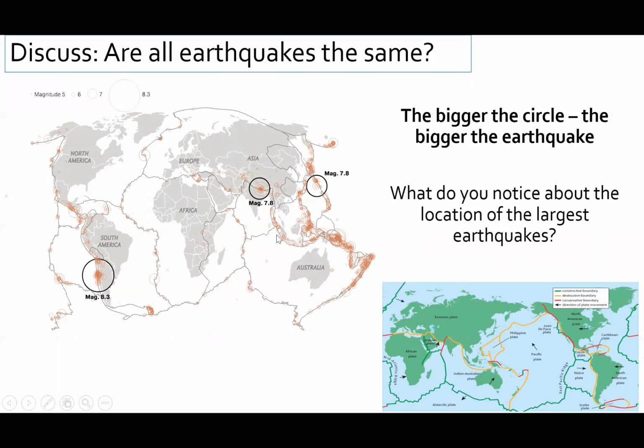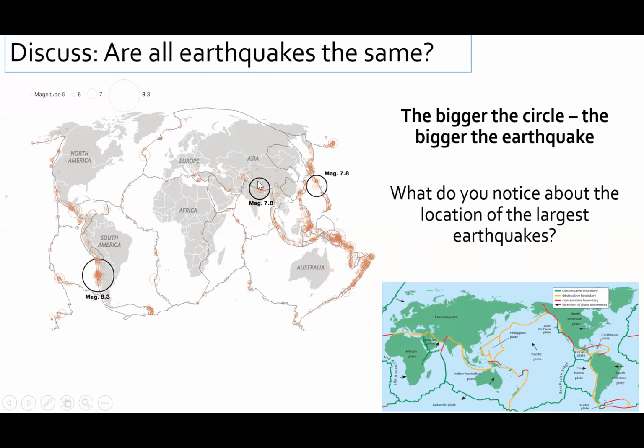So are all earthquakes the same? What do you think? Well, the answer is no. Some are bigger than others. And what you might notice is those largest earthquakes, they actually occur along our destructive margins. So look down here, South America, that's this destructive margin here.